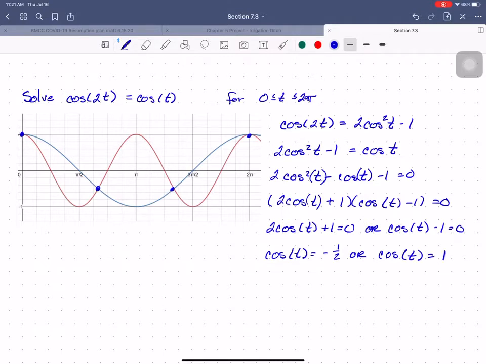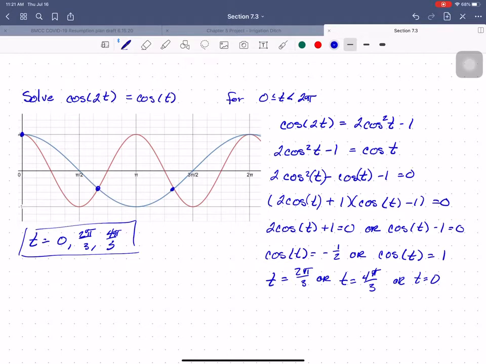We know from our knowledge of the unit circle that this means that t equals 2 pi over 3, or 4 pi over 3, and we know that cosine equals 1 when t equals 0. So actually, we stopped just before 2 pi, so there we go. So our solutions are 0, 2 pi over 3, and 4 pi over 3.